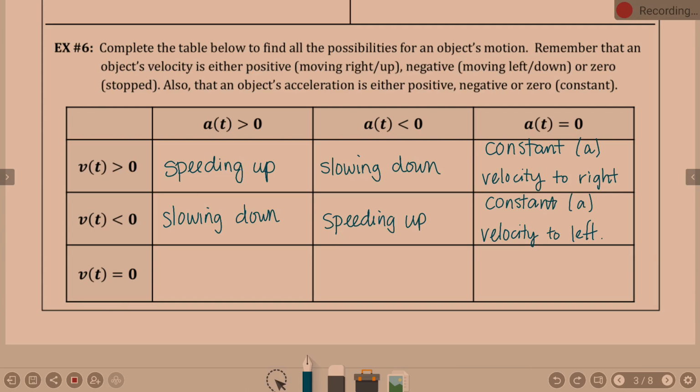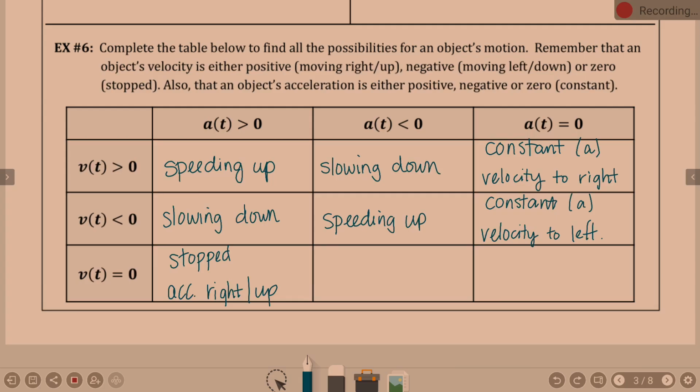Whereas this one, the velocity is 0 the whole time, so it has to be stopped. You can't be moving if you don't have a velocity other than 0. So stopped. The acceleration pushes right or up, depending on the scenario.